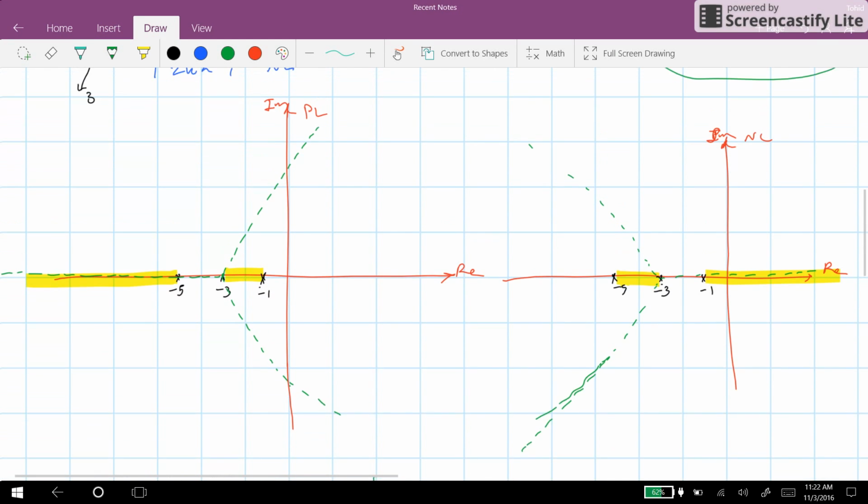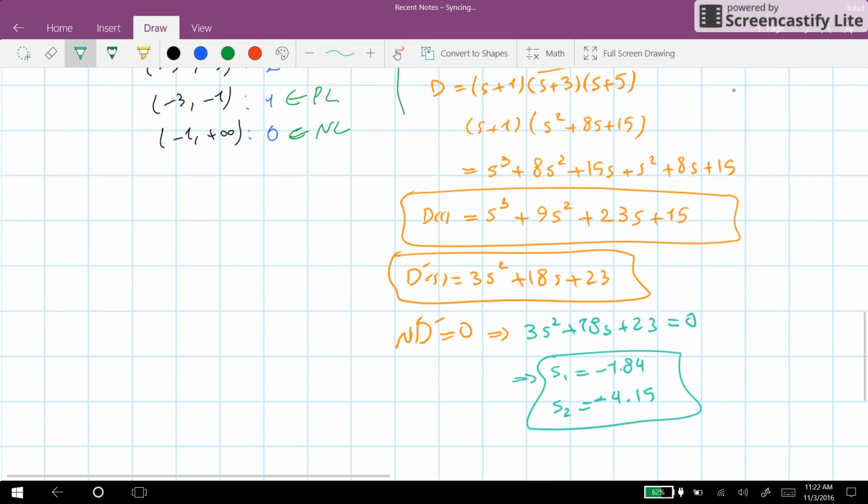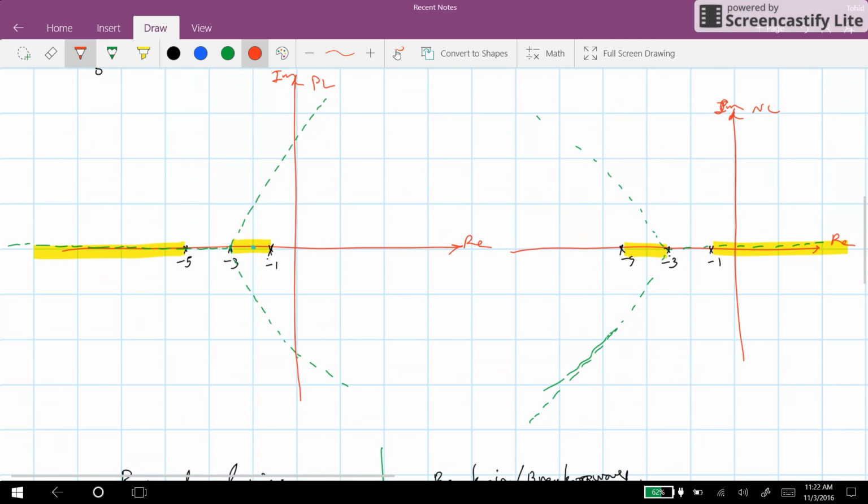Minus 1.84 is somewhere around here, so it belongs to the positive locus. The other one belongs to the negative locus, minus 4.15, which is somewhere around here.